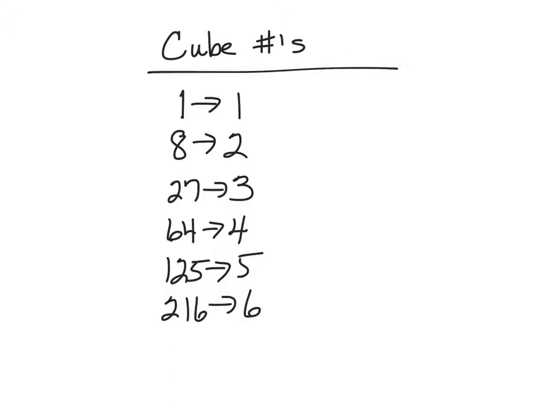And the next one after that I'd suggest you know is 1,000, which is 10 cubed. So there are 7 common cube numbers that we see.